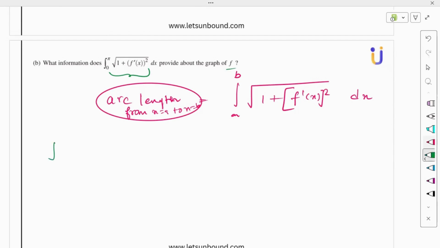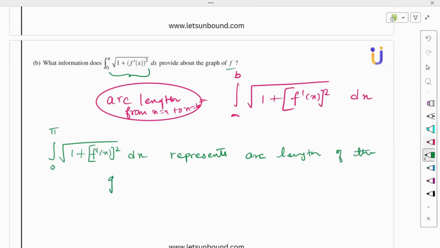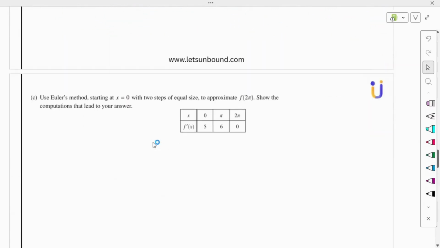So the integral from 0 to pi of the square root of 1 plus f prime of x, the whole square, dx represents the arc length of the graph of f, it's very important, from x equals 0 to x equals pi. This is the best and valid interpretation you have to give. That's simple. Moving to C.